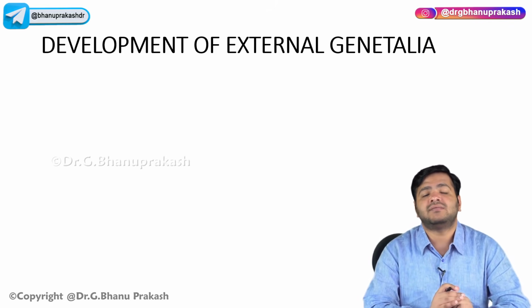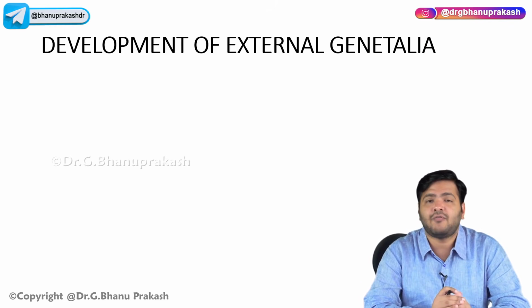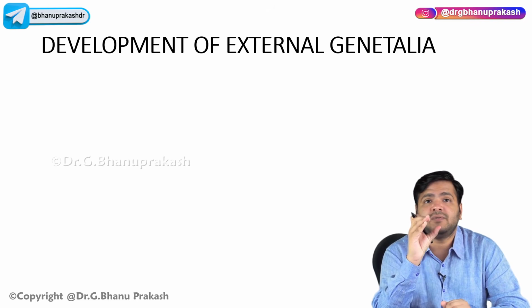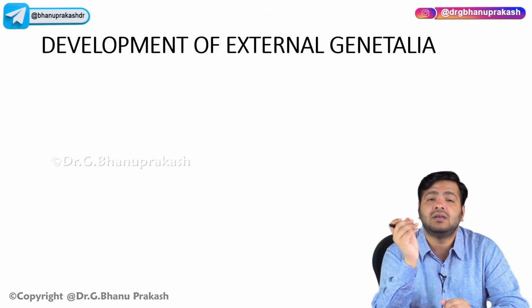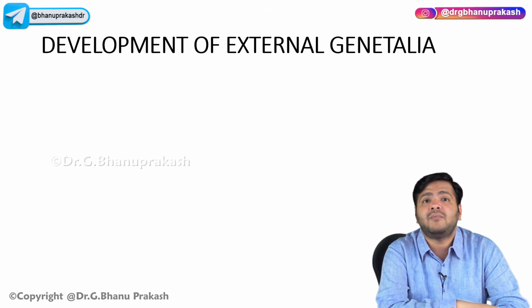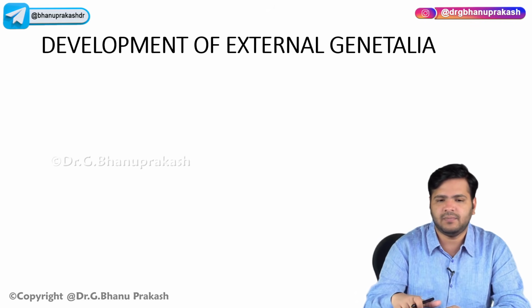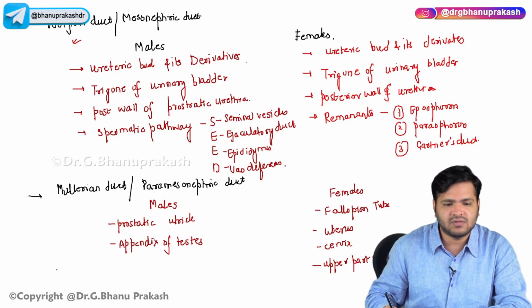Before the external genitalia, we have already discussed that the upper vagina will be formed from the paramesonephric duct, the Müllerian duct. But the lower vagina is formed from the sinovaginal bulb. So let's write this down also.